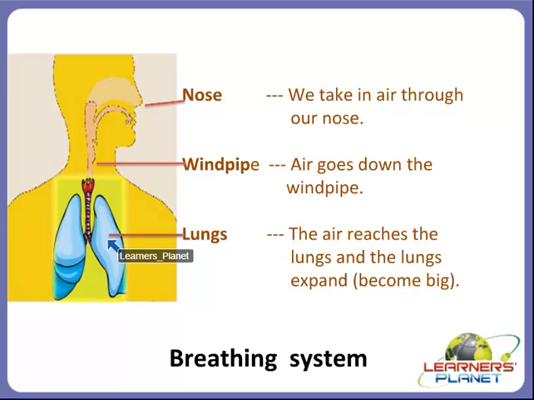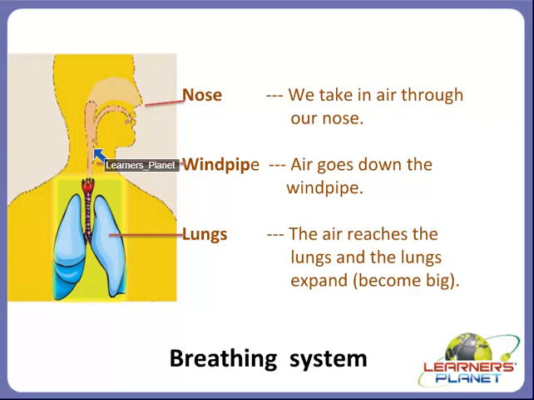And what is the function of lungs? Yes, when the air reaches the lungs, then lungs expand. Lungs become big. Okay, children. So is it clear? We breathe oxygen gas through our nose.